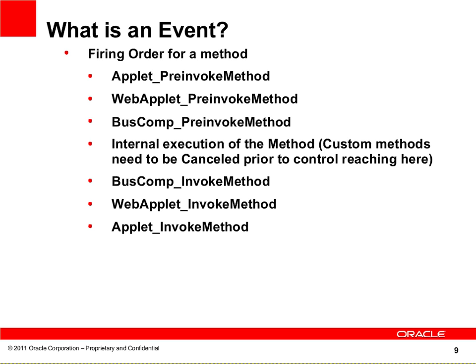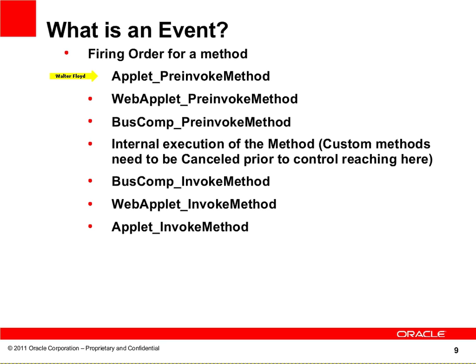The first thing that happens is the applet pre-invoke method event will fire. Now this is on the browser side, so you have a chance to execute browser scripts here. And you would have a chance to do a cancel operation here, which would prevent anything from bubbling forward. I call this bubbling up the event ladder.